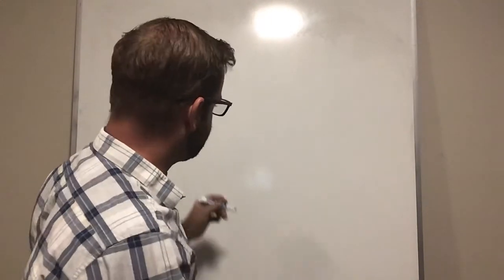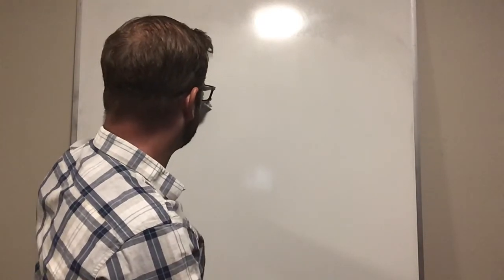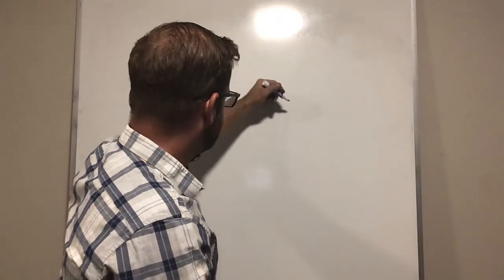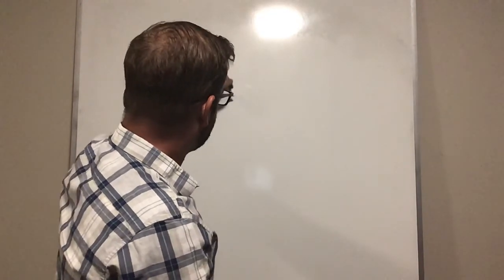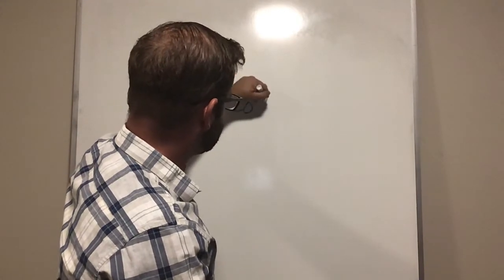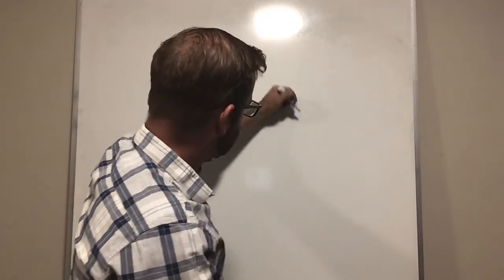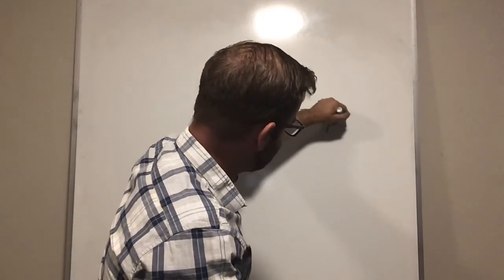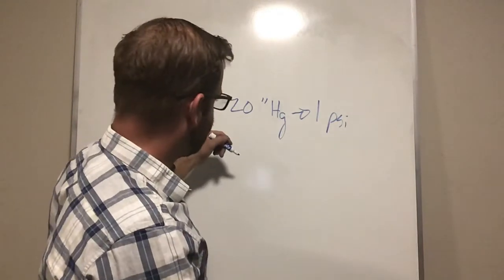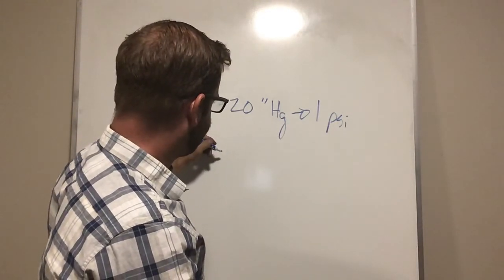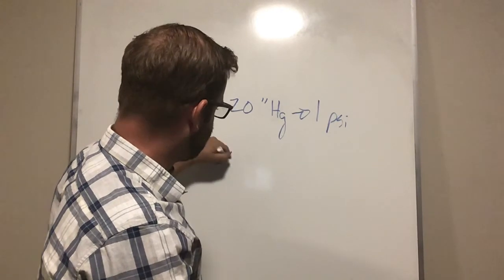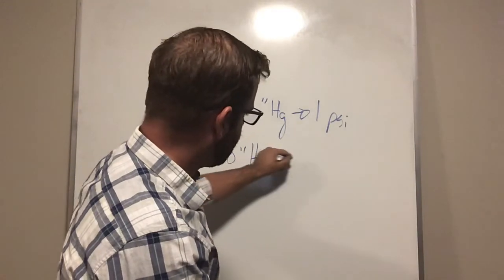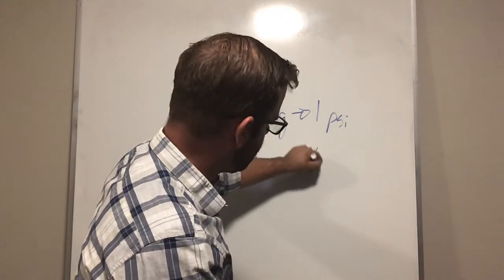I want you to do 20 inches of mercury to 1 psi, and then 20 inches of mercury, and you'll have to do a double step here, to inches water column.